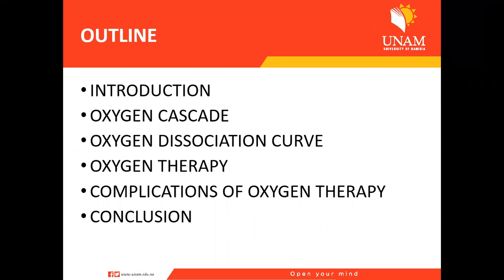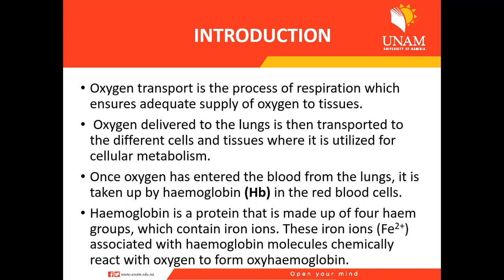All right, the introduction, oxygen cascade, oxygen utilization curve, then oxygen therapy, complications of oxygen therapy, and conclusion. We know that respiration is basically divided into two, the external and internal respiration.